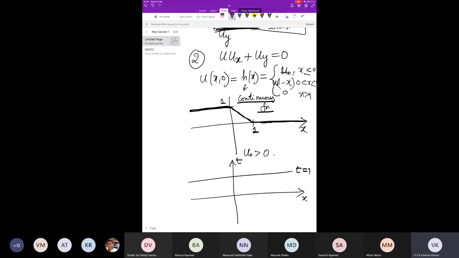For t less than 1, the characteristics were positive. This is the 0 characteristic, x is equal to s characteristic. Then we have these characteristics and these characteristics.